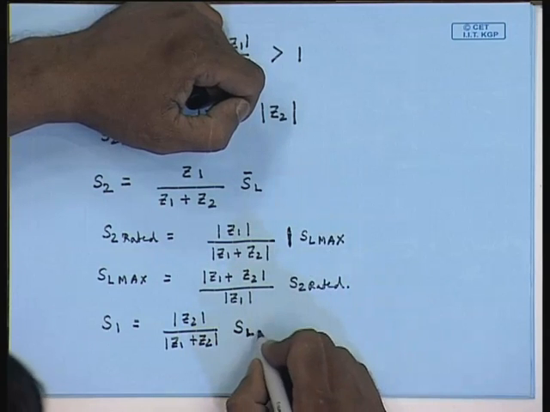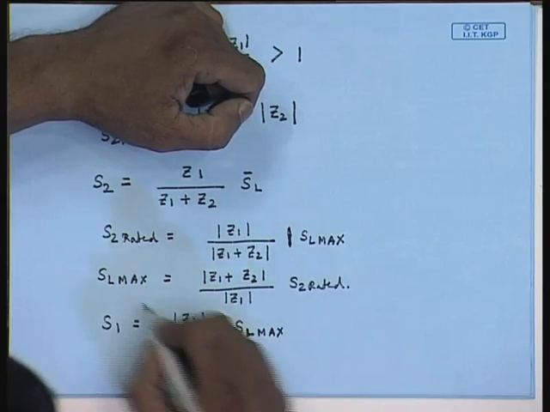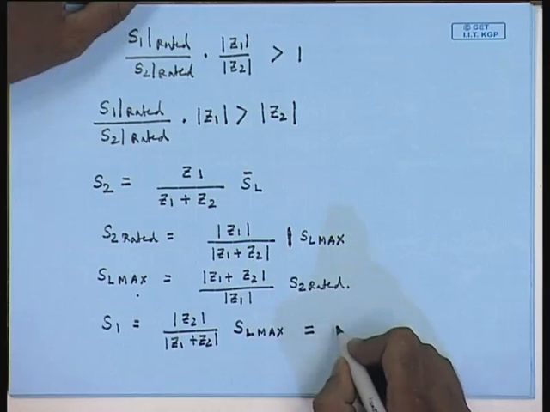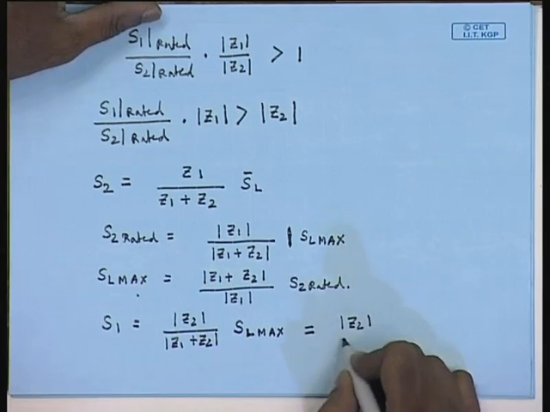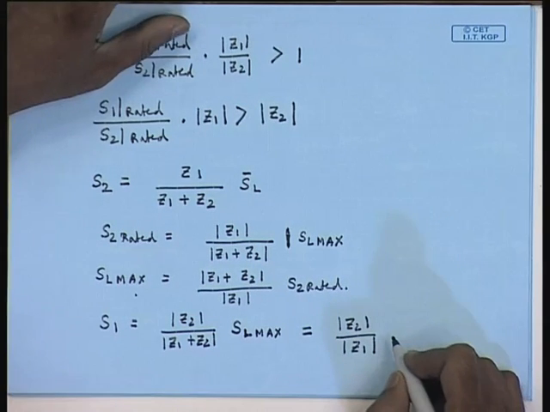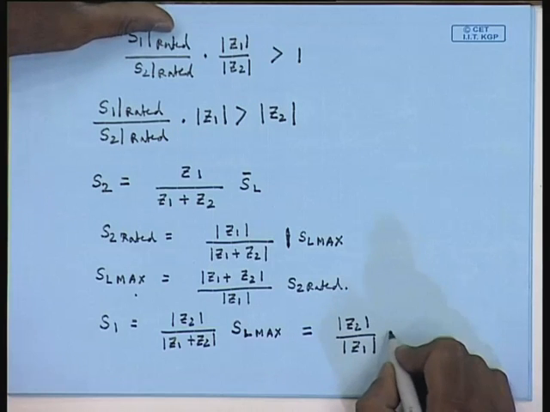So, this should be SL max. Substituting SL max from the previous equation, we get this to be |Z2| divided by |Z1| into S2 rated.